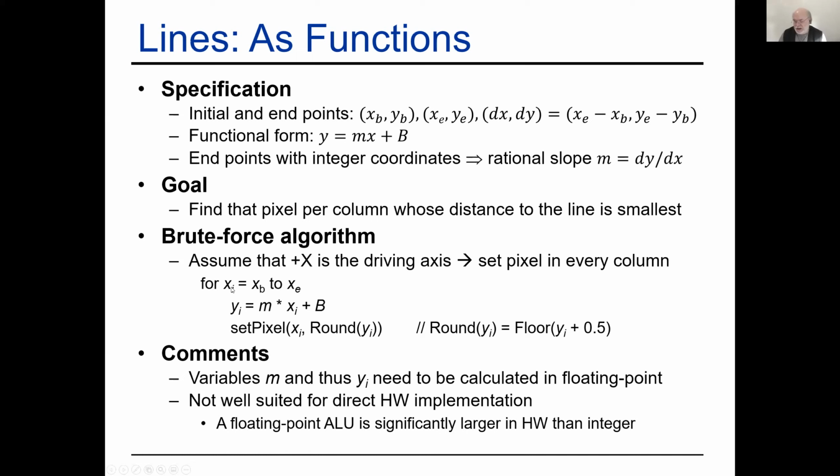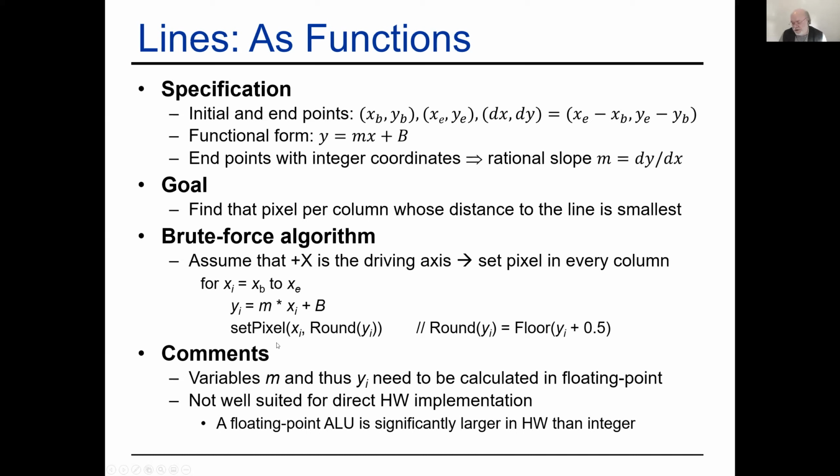We iterate from the x coordinate of the start point to the x coordinate of the end point. Then for each xi, we compute the y coordinate with this linear function, and then we round that y coordinate to the closest integer, and then we set the pixel given by the current x coordinate and the rounded y coordinate.